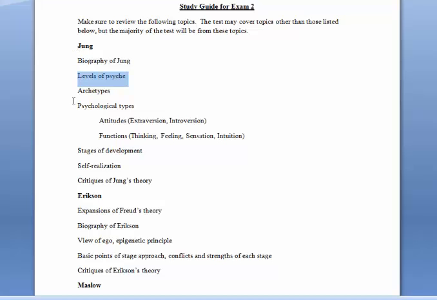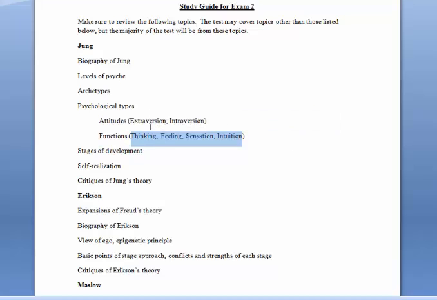So Jung's theory was involved in a personality type testing. It was the Myers-Briggs Type Indicator. I don't know that you need to know that, but that was the type of test that came from his theory. So Jung suggested that we have personality types that are made up of, first, your attitude, which is either going to be primarily extroverted or primarily introverted, and then whichever one of these functions you lean towards more.